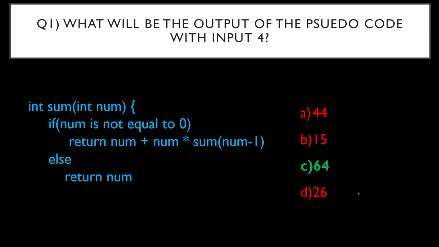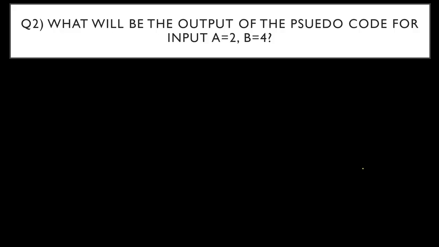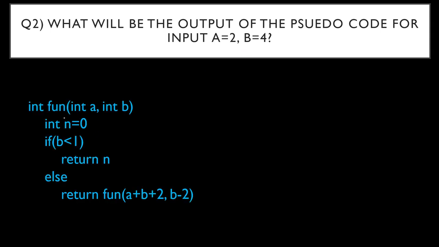So now let us go to the next question, that is the second question of this video. What will be the output of the pseudo code for input A equal to 2 and B equal to 4? So this is the pseudo code, int fun, int A, int B. So it is taking two arguments, int n is equal to 0.